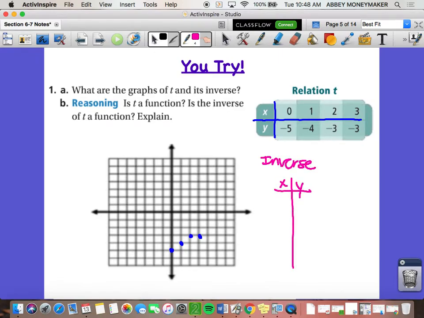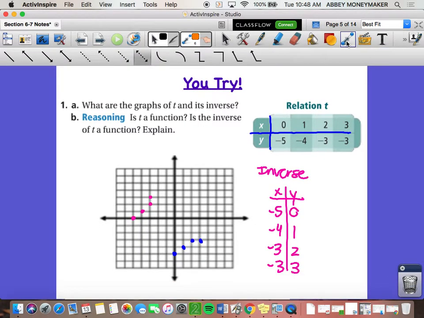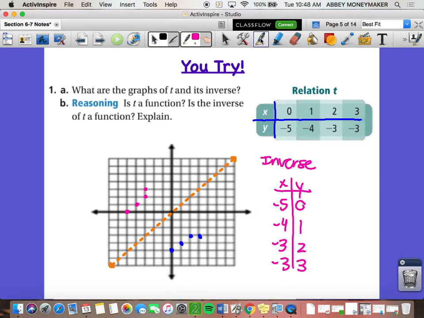That's just me. I always like them vertically. So I'm going to graph my inverse here in pink. And if I were to draw in that line, y equals x, you would see that they are in fact mirror images of each other.